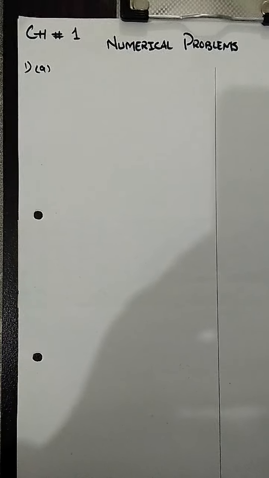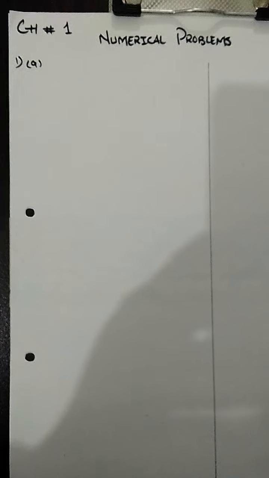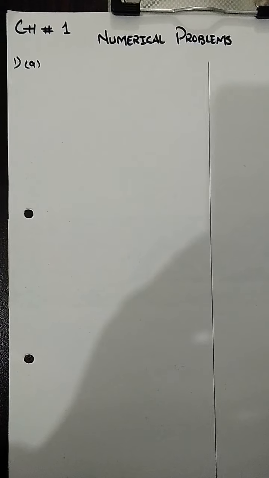Question number 1 says write the number in prefix to power of 10. We have already discussed the prefix to the power of tens. For the first part, we are given that mechanical nano oscillators can detect a mass change as small as 10 raised to the power minus 21 kg.